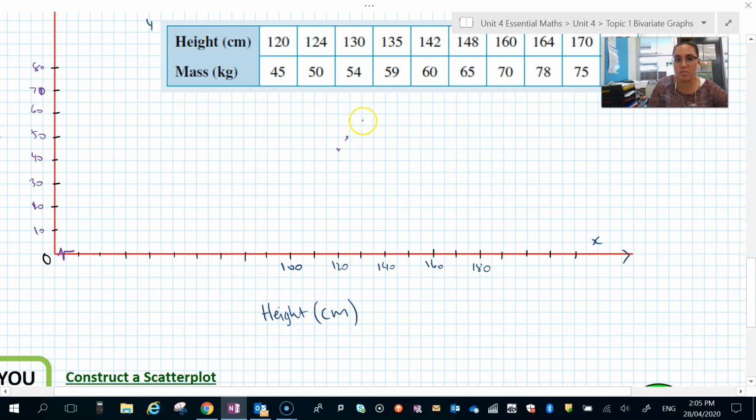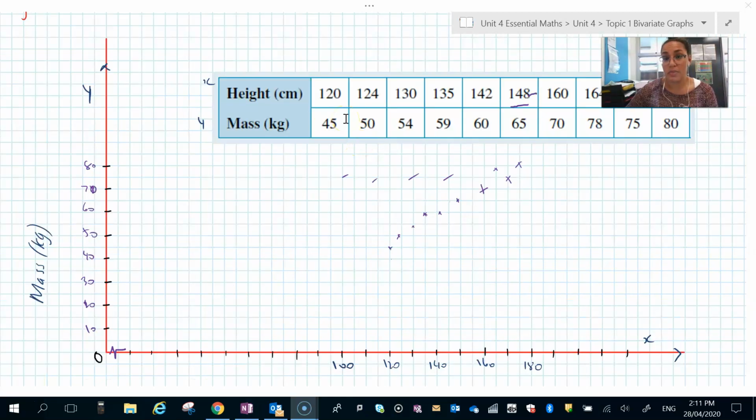You would keep plotting your points out there, so 130, and then 54, just underneath it. So instead of watching me do that, I've just moved them out of the way and now I've plotted them on the graph.